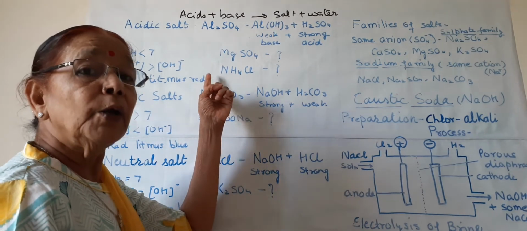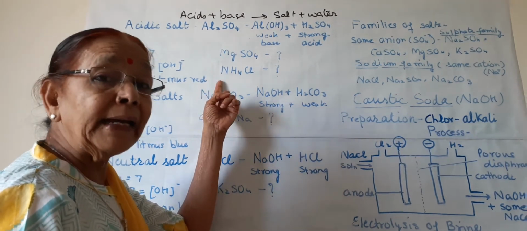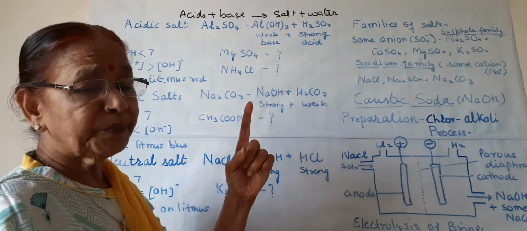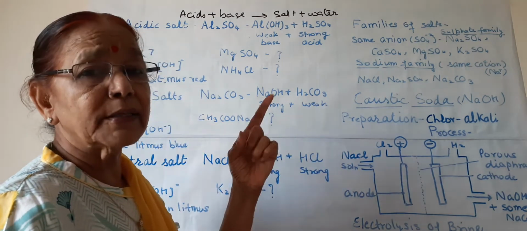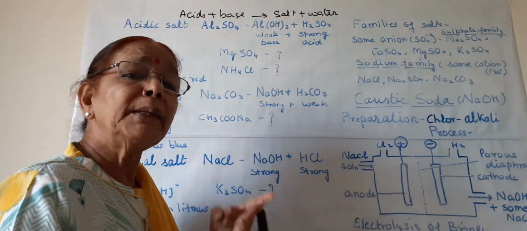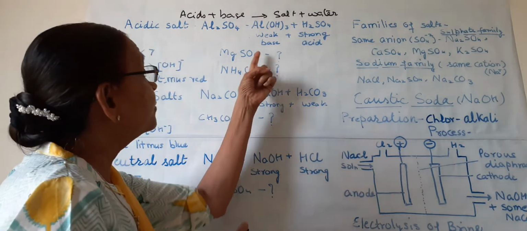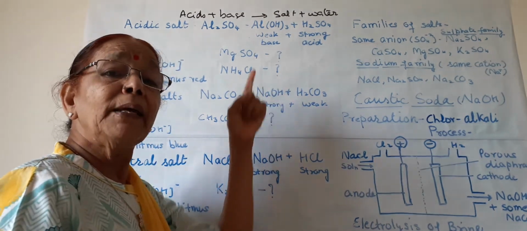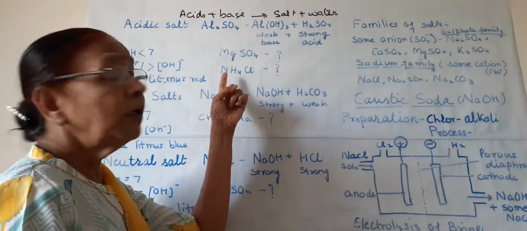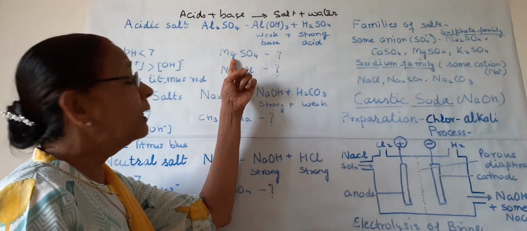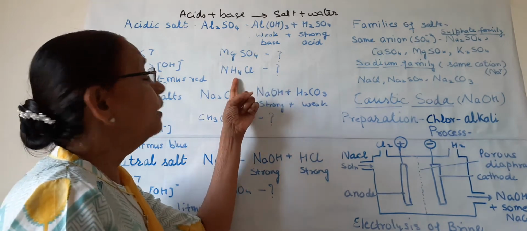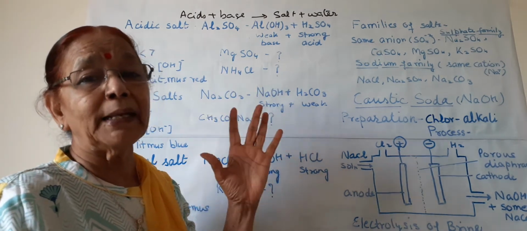It is a non-metallic cation. That's why I am saying, salts are formed by replacement of hydrogen of acid like H2SO4 or HCl by a metallic cation or a non-metallic cation. Magnesium is a metallic cation and ammonium is a non-metallic cation.